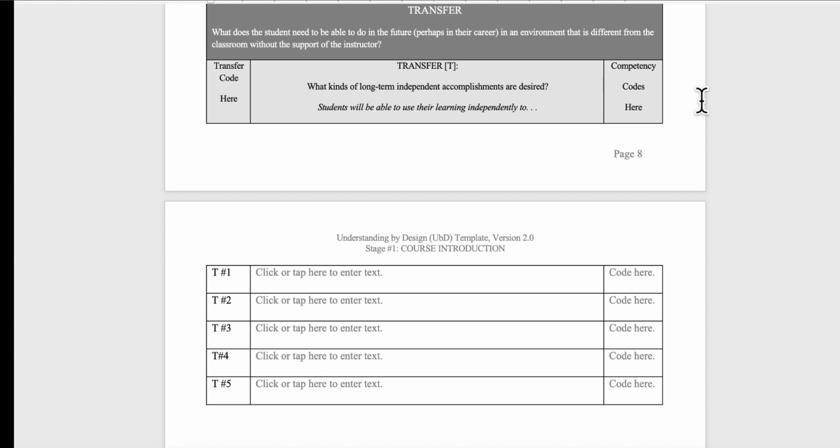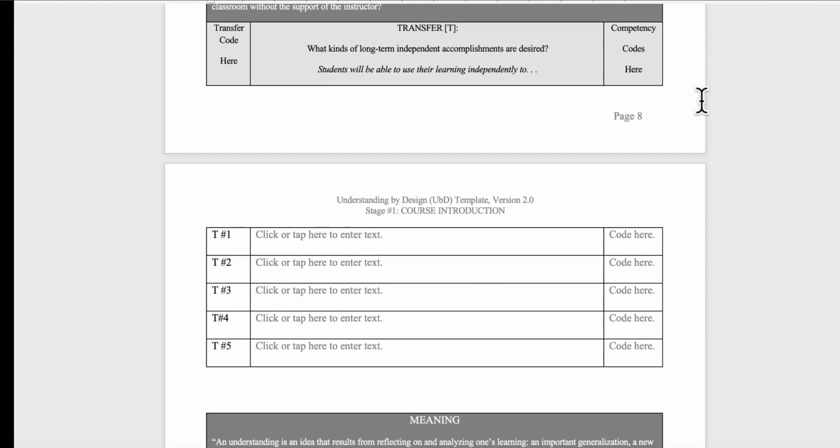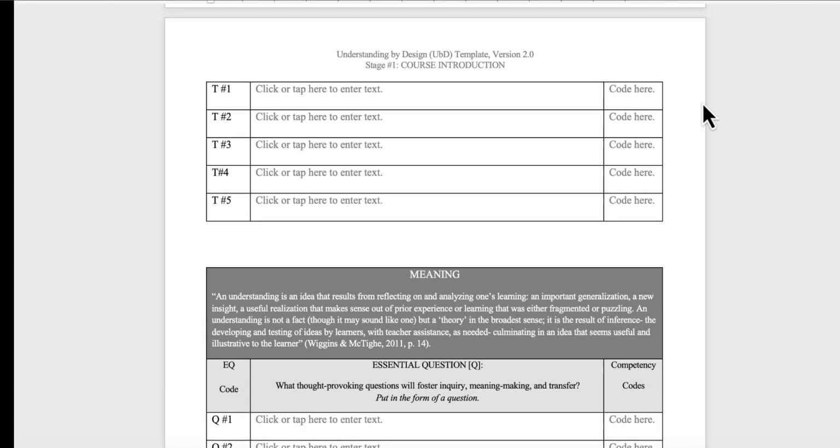A great example would be learning how to make healthy choices and transferring what they learn to actual situations when they reach the age of making their own decisions and independent choices about their own health. So that would be an example.